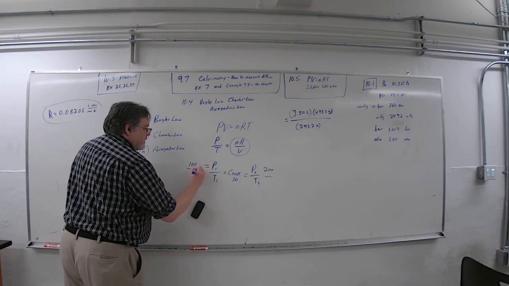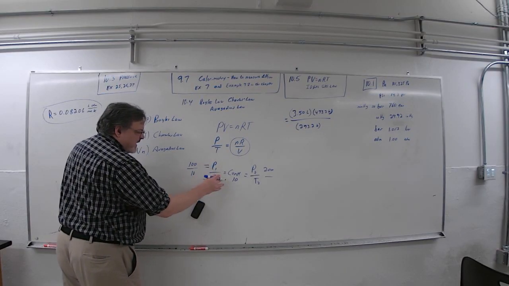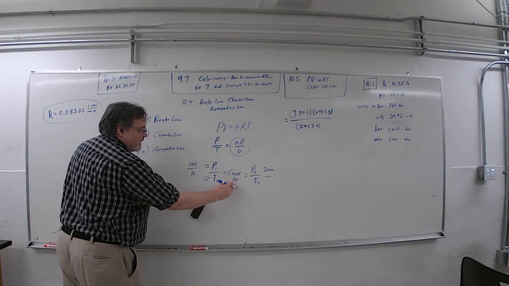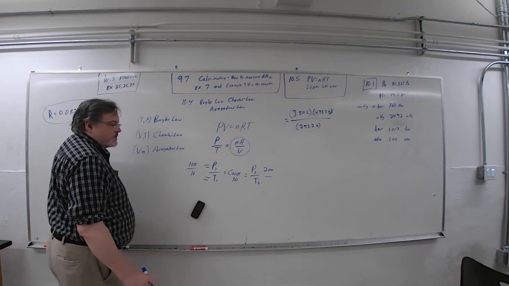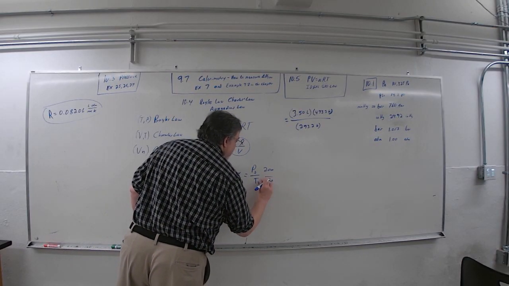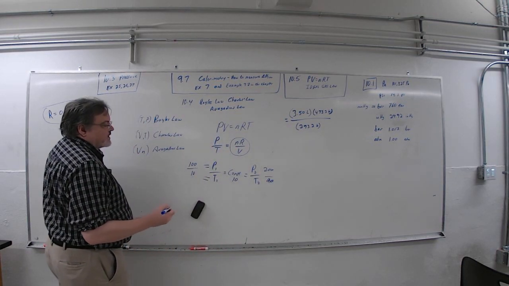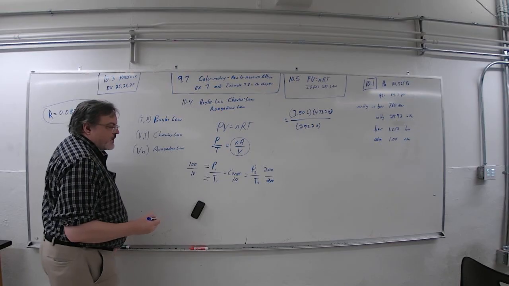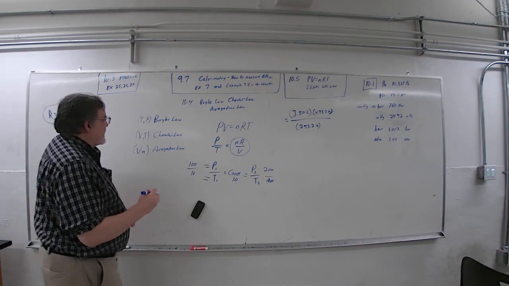So this is P1 equals 100, T1 equals 10. If your new pressure is 200, what is your new temperature? If it's got to equal 10, then this is 20. So when pressure goes up, temperature goes up. When pressure goes down, temperature goes down. These are what we would say directly proportional.